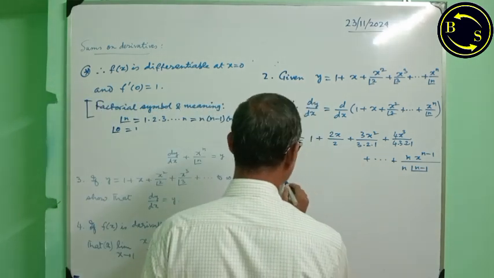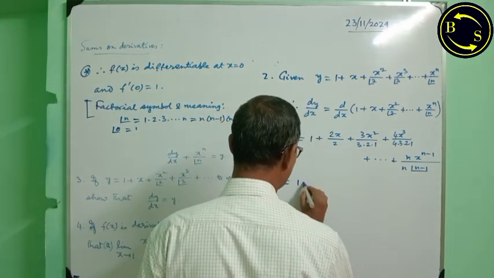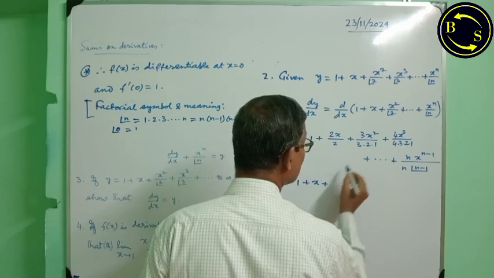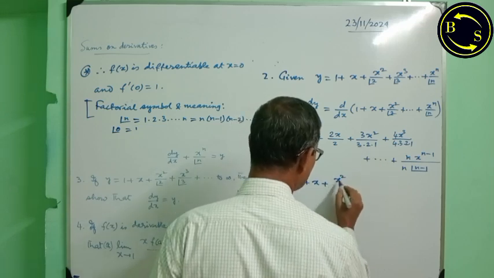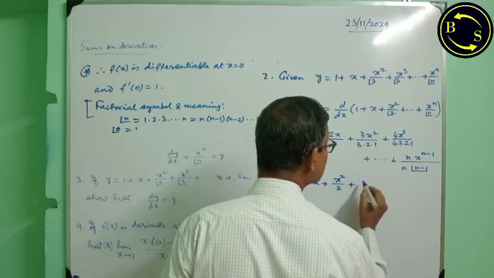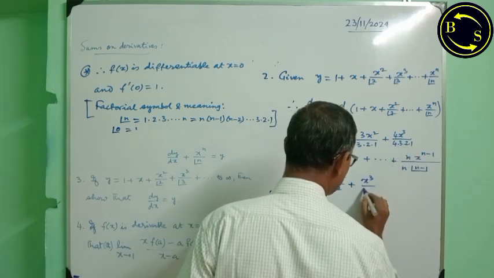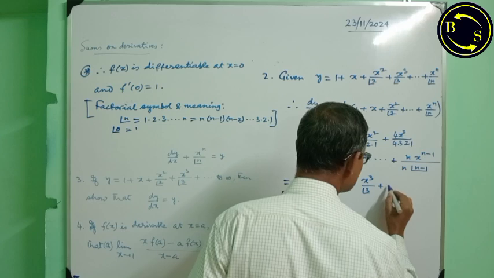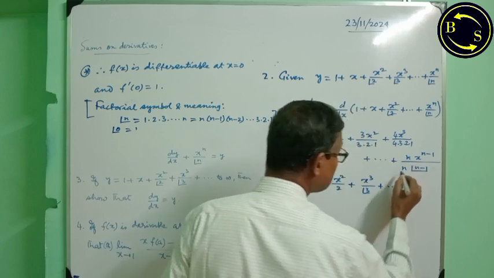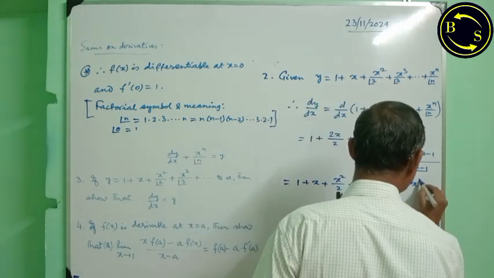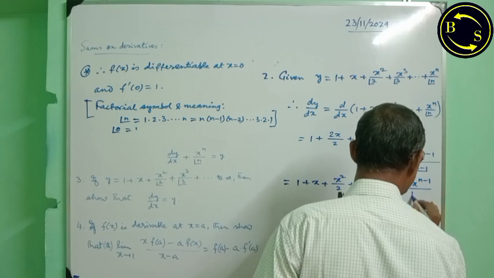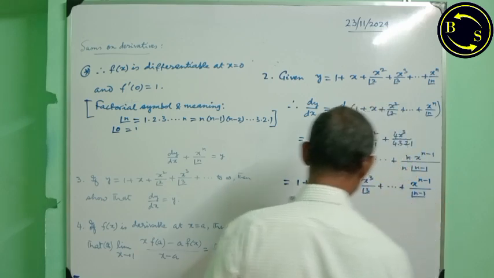Therefore, after simplification, it will be 1 plus x plus x square by 2 plus x cube, 4 cancelled, this is factorial 3 plus n cancelled, x to the power n minus 1 by factorial n minus 1.